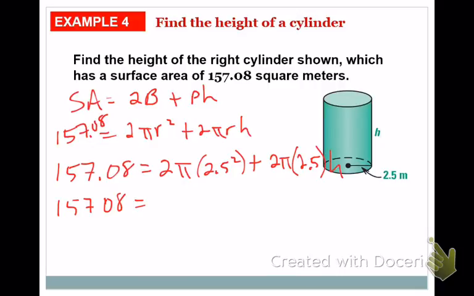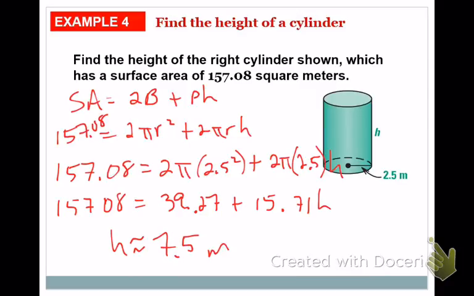So we get 39.27 plus 2 times pi times 2.5, 15.71 h, and then it's a simple equation to go solve. And so h should be about 7.5 meters. Okay?